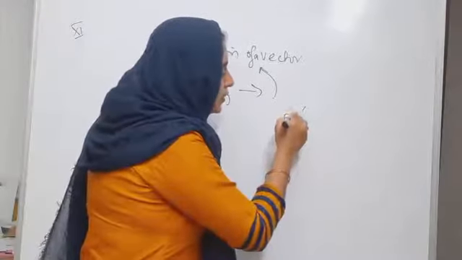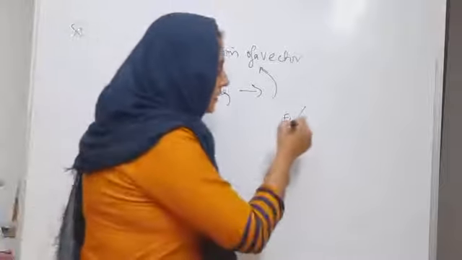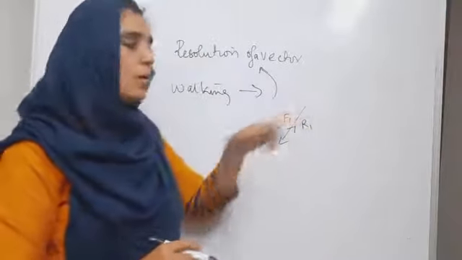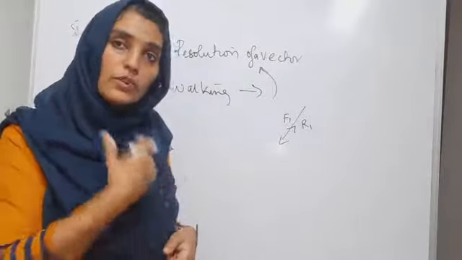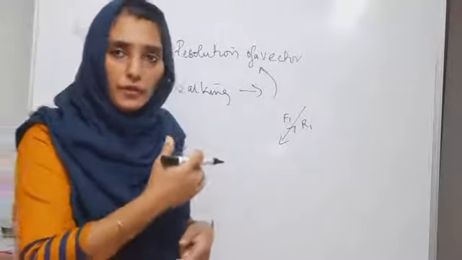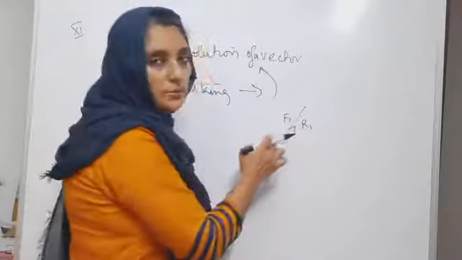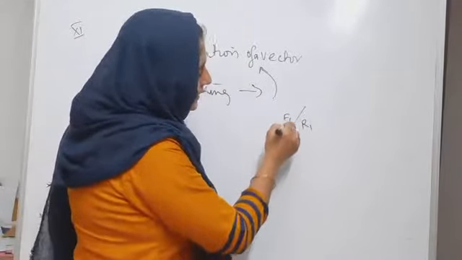Suppose this is the force with which one of the legs pushes backward, then the reaction force happens in the opposite direction, that is the force exerted by the ground on the foot.